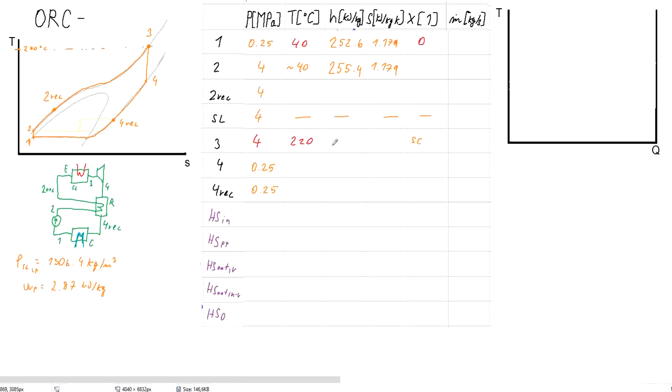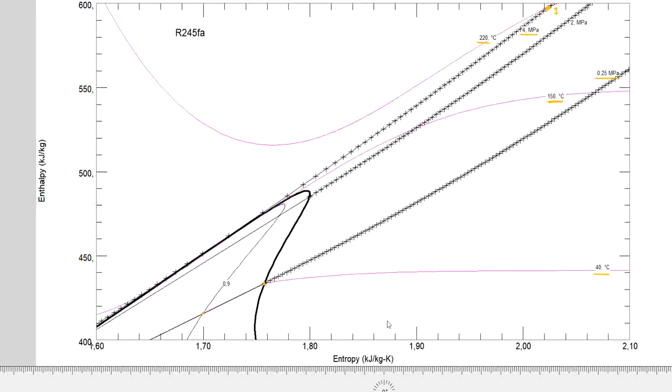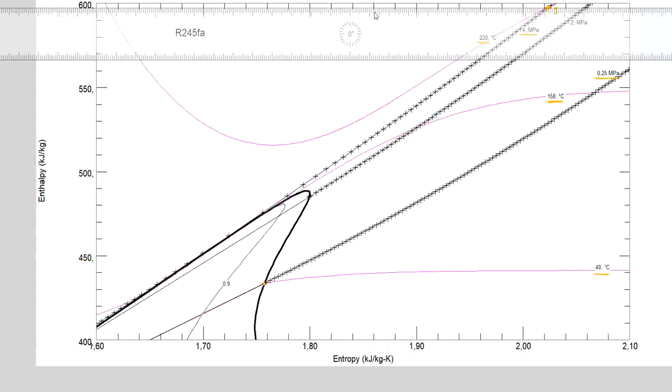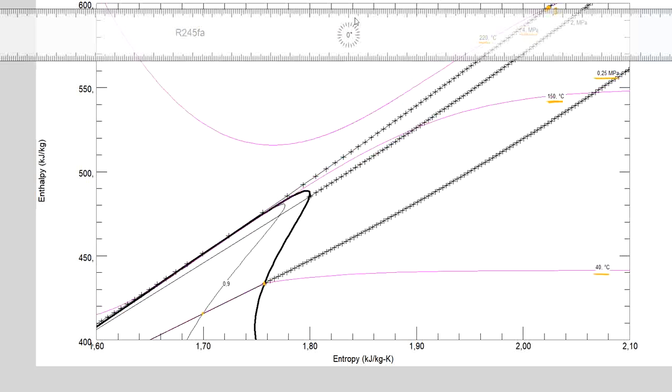Now for the point 3, from the entropy-enthalpy diagram we could get the value of the enthalpy in here as 597.8 kilojoules per kilogram.